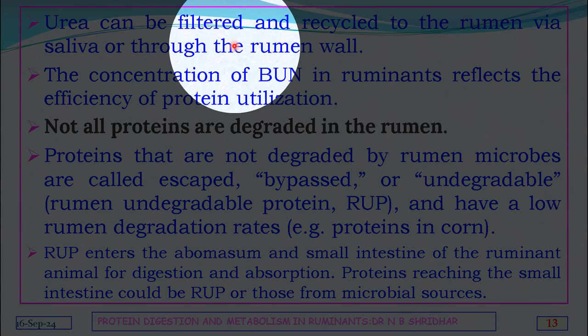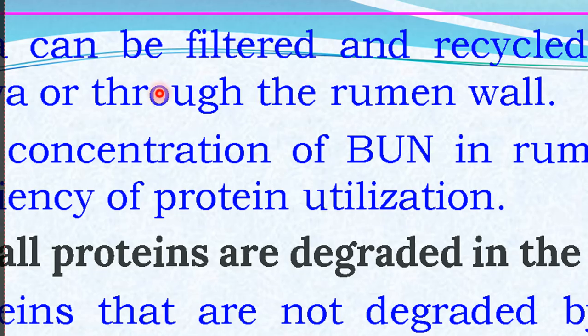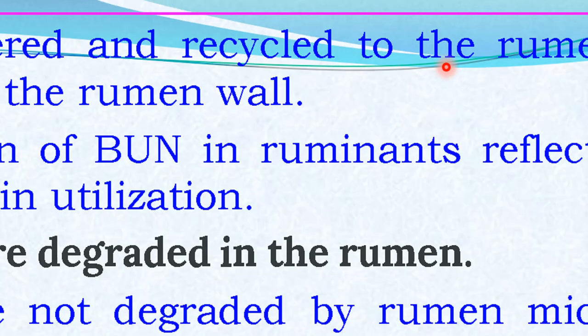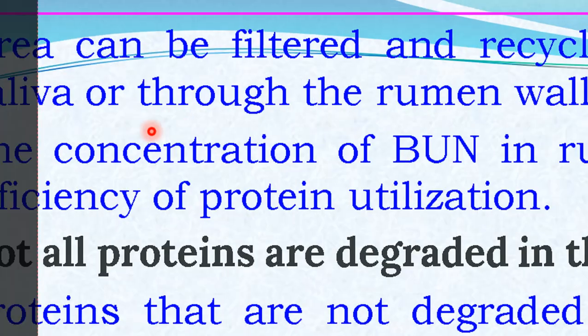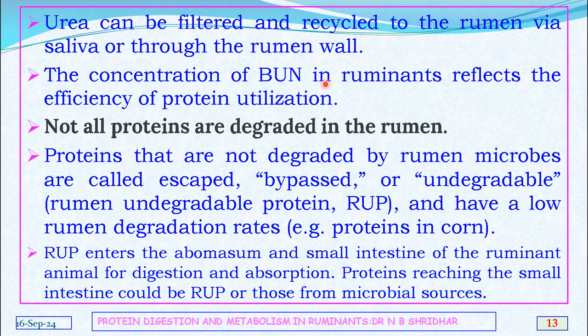Then the next step is that urea can be filtered and recycled into the rumen via saliva or through the rumen wall. So whenever you supplement urea, it can be filtered and recycled into the rumen via saliva or through the rumen wall. Whenever urea is administered, it is circulated, absorbed into the blood and secreted into the rumen to make the rumen pH alkaline, because the saliva pH is always alkaline.